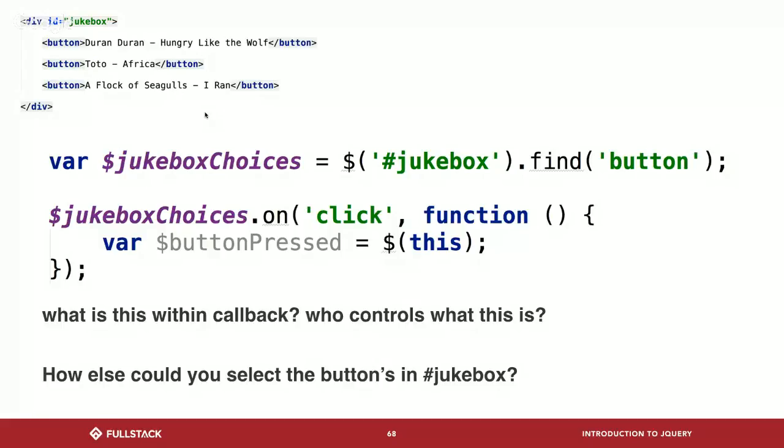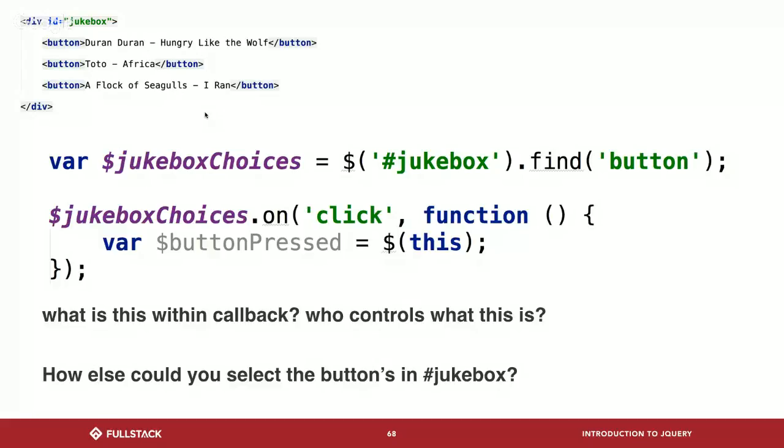We subscribe. As far as we're concerned, we think something interesting is going to happen when someone clicks on that button. The only way to subscribe to it is through the JavaScript native methods. We tell jQuery, hey, look, subscribe to this. When jQuery calls that function back, you can control the context when you call a function back.